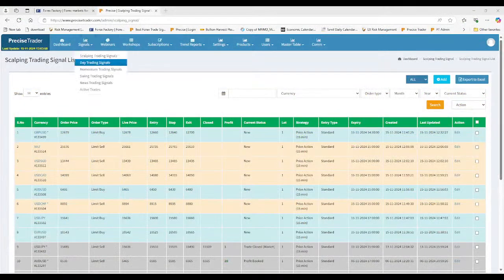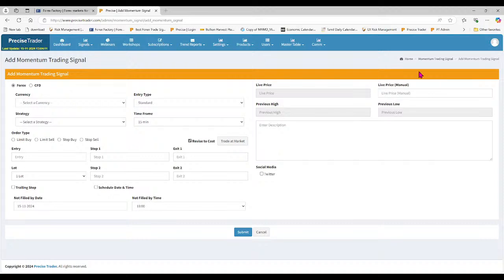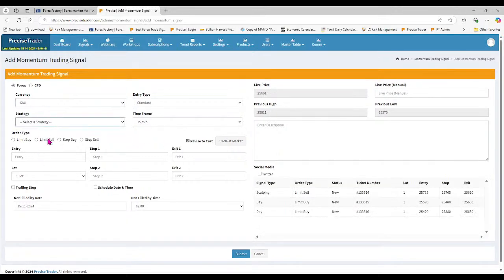I want you to put in this trade. This is a momentum trade because we are doing ad hoc trades. So we want to sell gold at 2567 half or 68, 67 half or 68. Stop at 72 and TP at 2561.